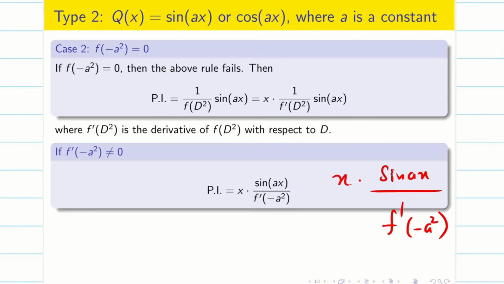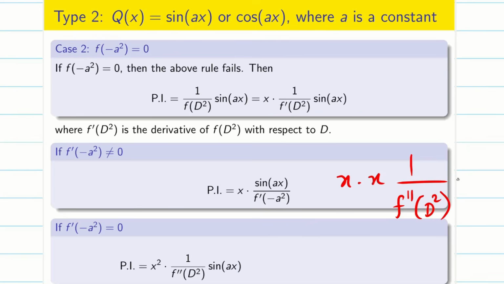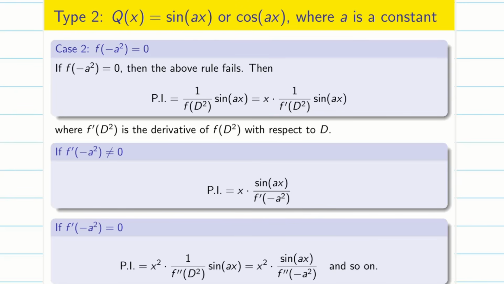If f dash of minus a square is equal to 0, then we have to continue the process. We have to multiply again with x and differentiate the denominator again. It will become f double dash of D square, sin ax. It goes on. The same thing is applicable for cos ax also.